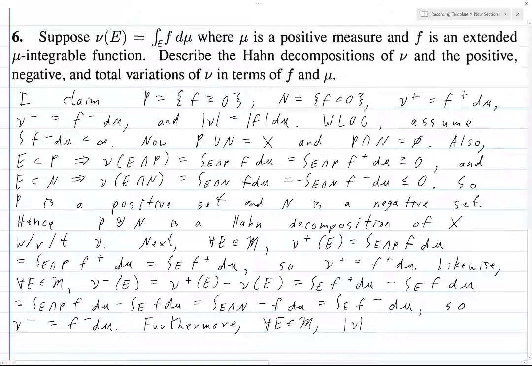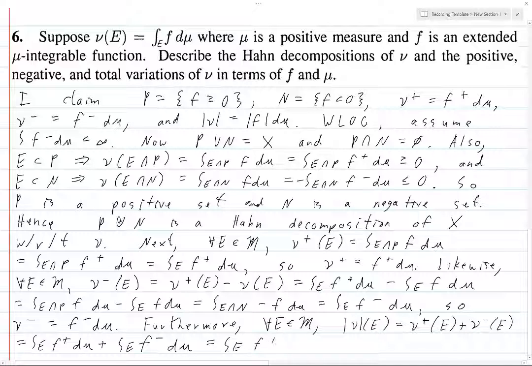the total variation of E equals nu plus of E plus nu minus of E. That's equal to the integral over E of f plus d mu plus the integral over E of f minus d mu. That's equal to the integral over E of f plus plus f minus d mu.